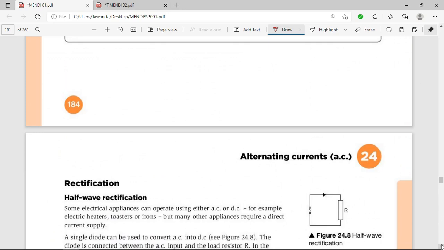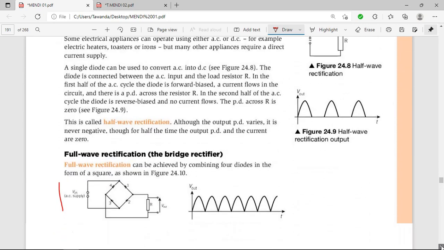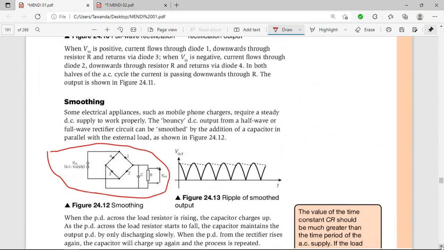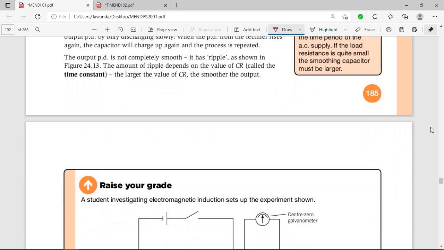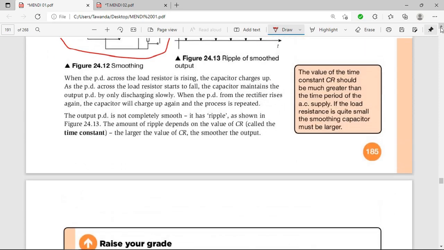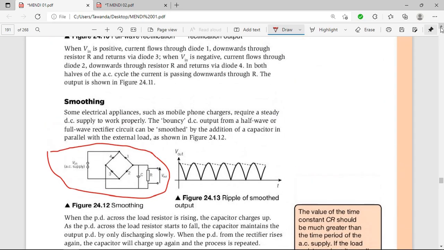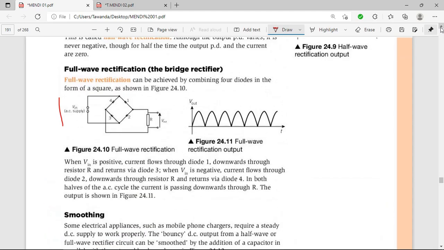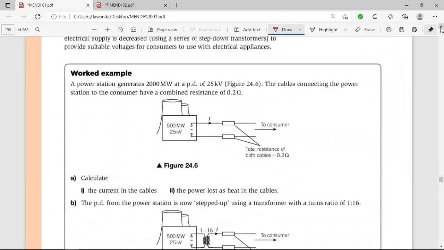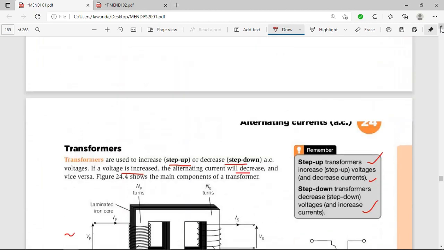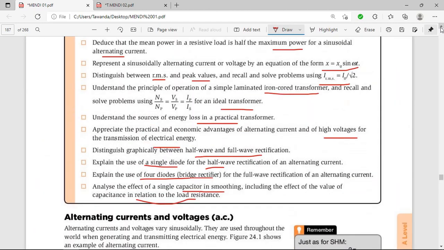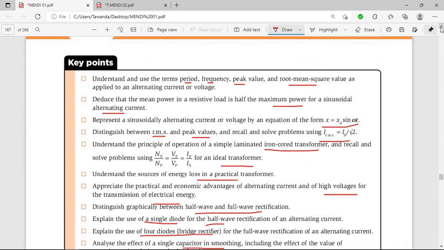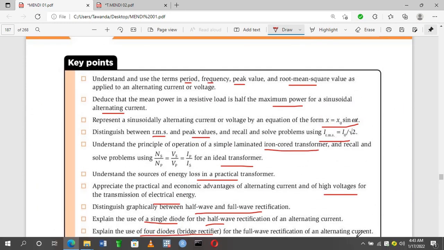We need to define direct current, alternating current, also transformers, and also we need to know the full wave and half wave rectification. So this is all about AC currents. I hope we have understood, and I hope we have managed to answer all these key points. Have a good day.